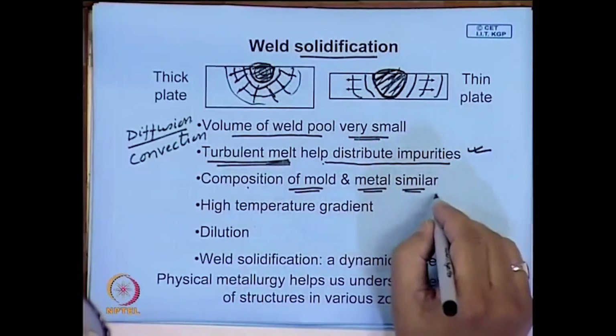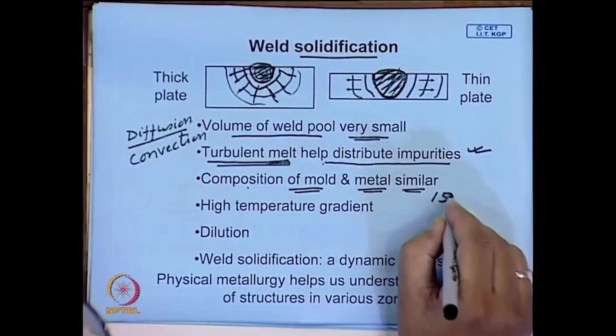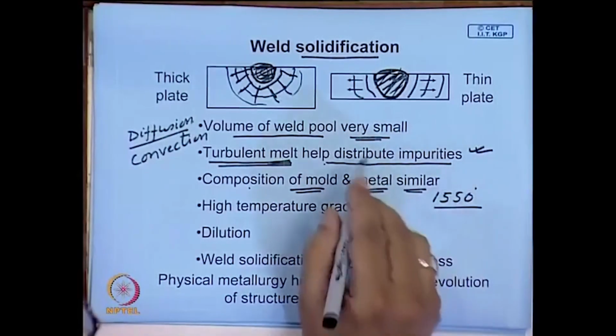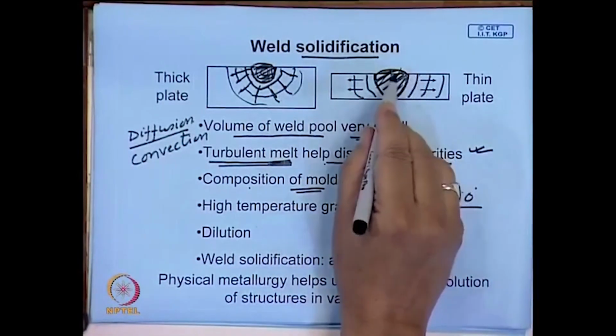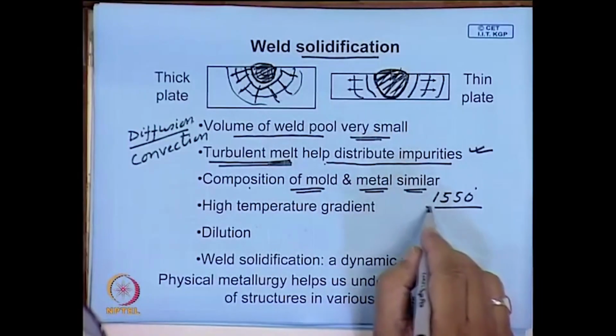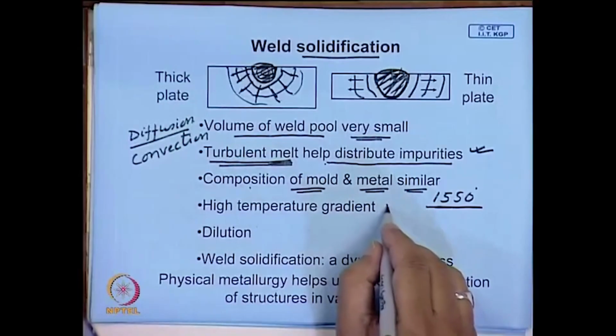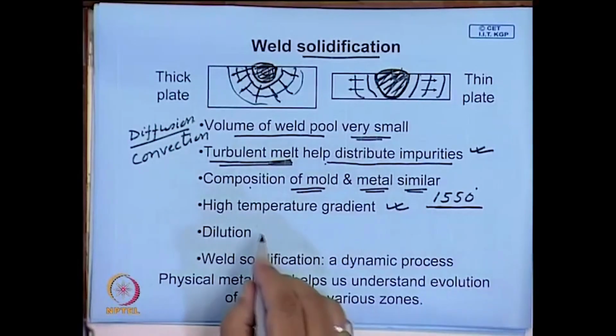So, the molten temperature is 1500 or 1550 degrees centigrade, going to room temperature. You can imagine such a high gradient existing within a short distance. So, this also affects the structure that you get in the solidified metal.